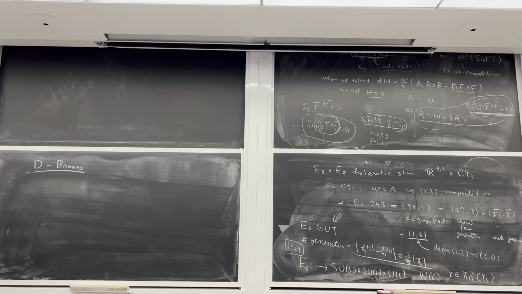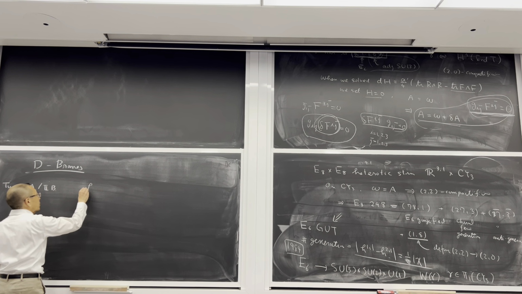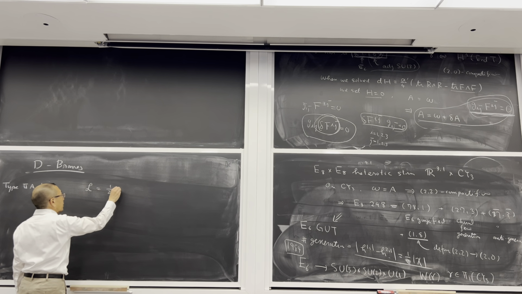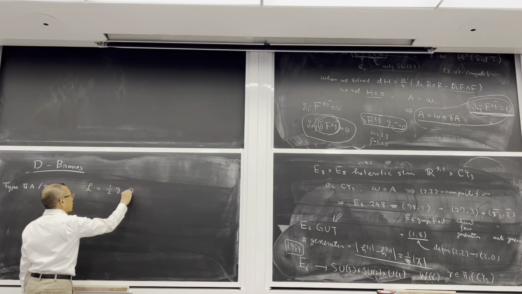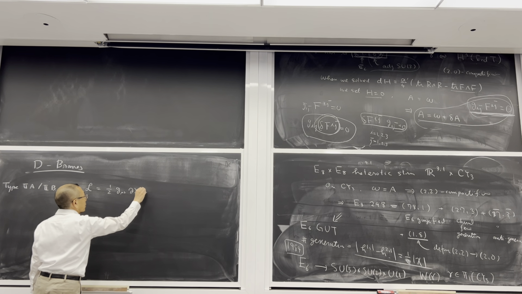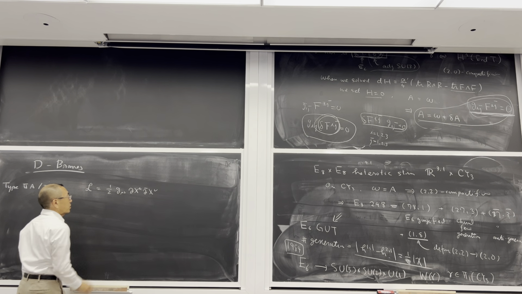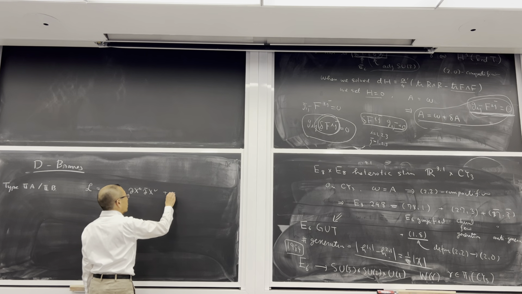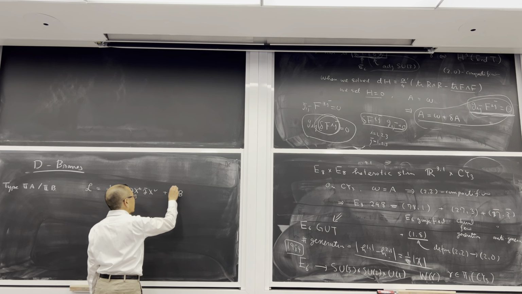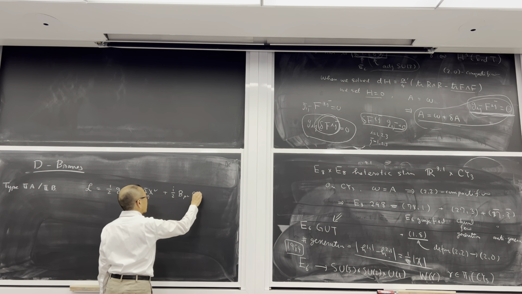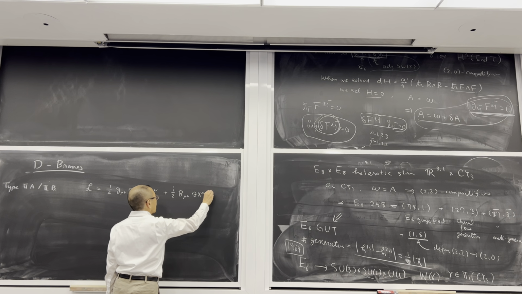So for example, if you consider type 2A or 2B theory, then on the string worldsheet, you have coupling of the worldsheet coordinates to the metric, but you also have coupling to an antisymmetric tensor field.